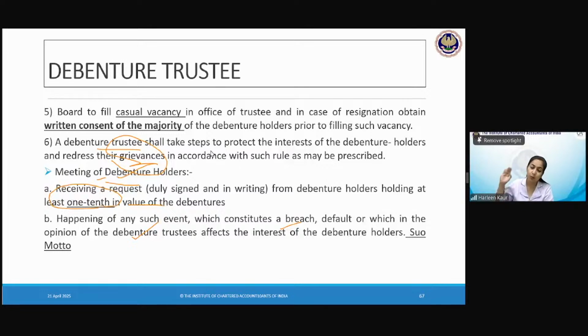Buyback has separate provisions that we have done relating to buyback of securities. Accordingly, the buyback will be done in that case. Okay? Yes, whenever the debenture trustee feels the need, that will be taken care of. All right, everyone is clear. Suo motu, the meeting can also be called. It depends upon the requirements and need of the debenture trustee.